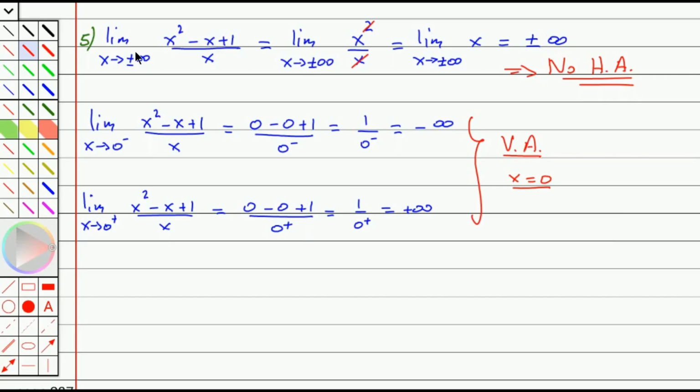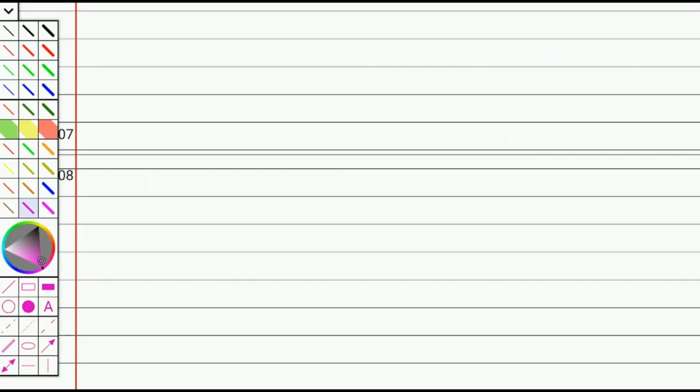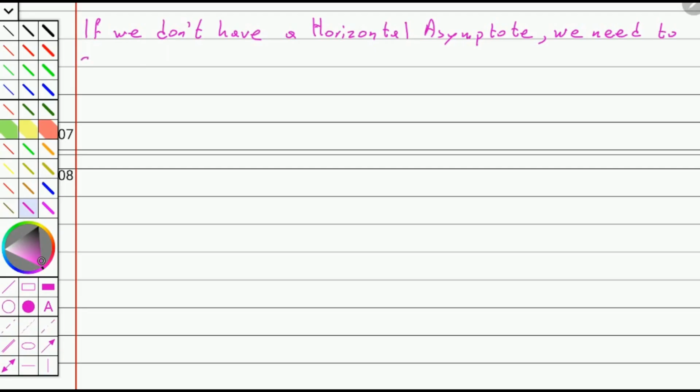But as we said in the beginning, since the order of the numerator is 1 greater than the order of the denominator, it means we have to check if we have an oblique asymptote. So the rule is, if we don't have a horizontal asymptote, we need to check if we have an oblique asymptote.